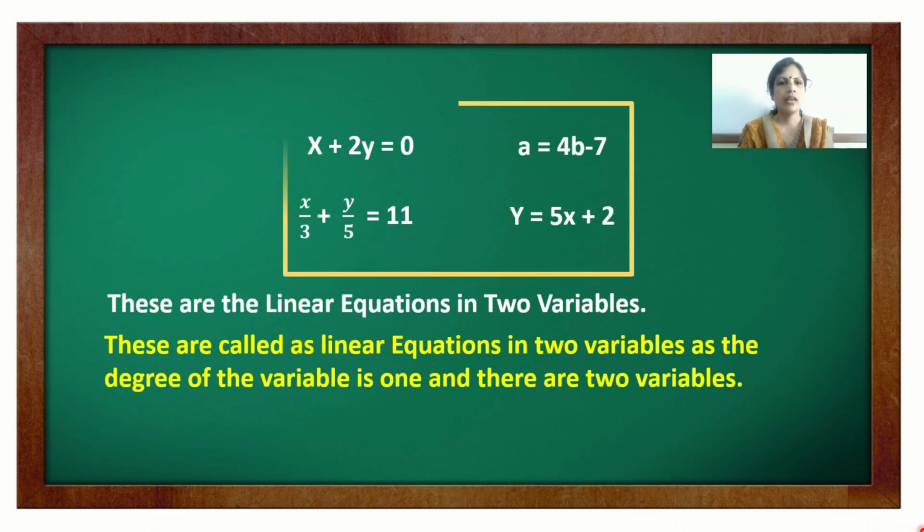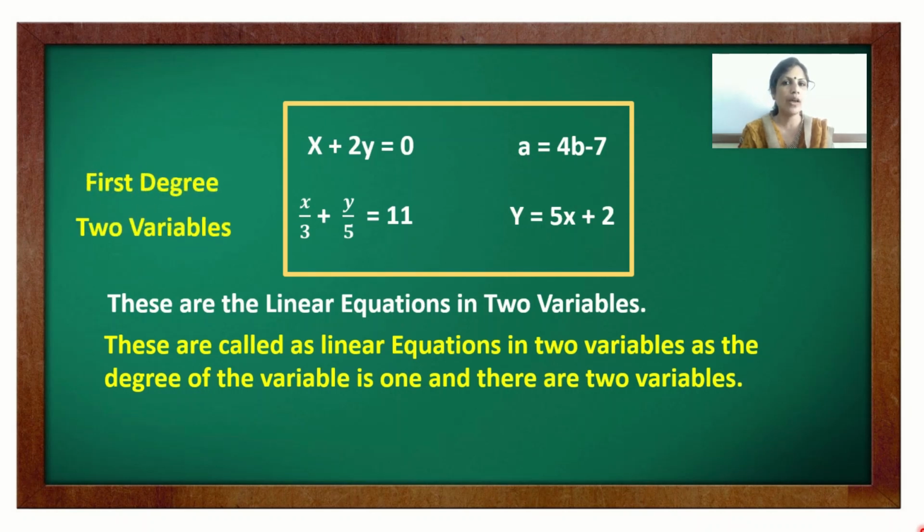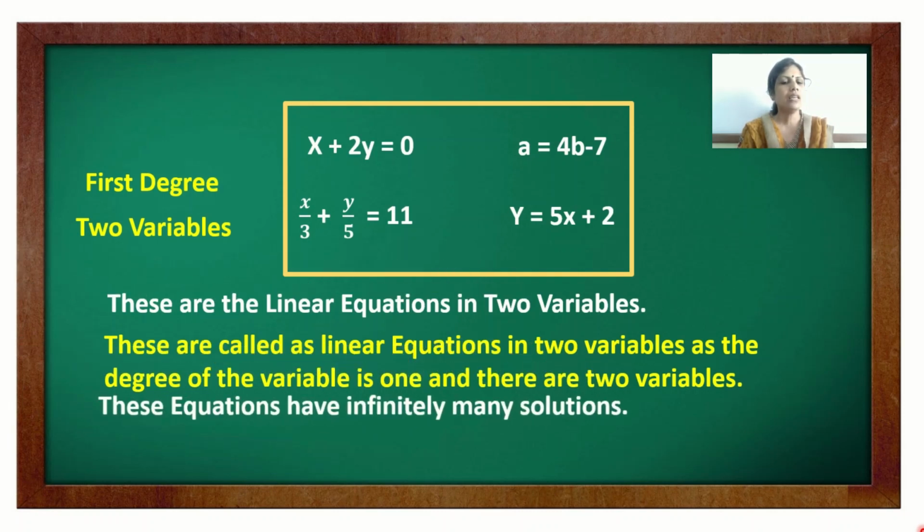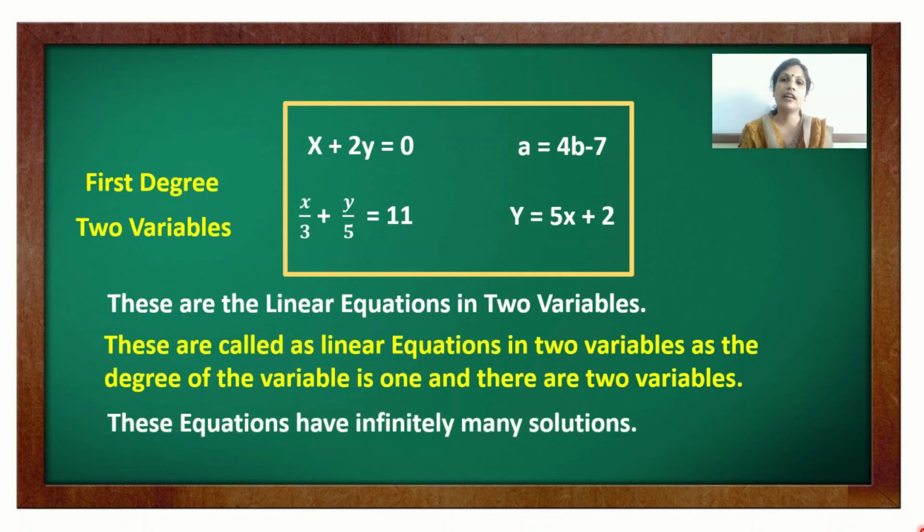So all the equations are first degree equations, and that is the reason these are all examples of linear equations in two variables. One very important thing to be noted for these equations is that these equations have infinitely many solutions.